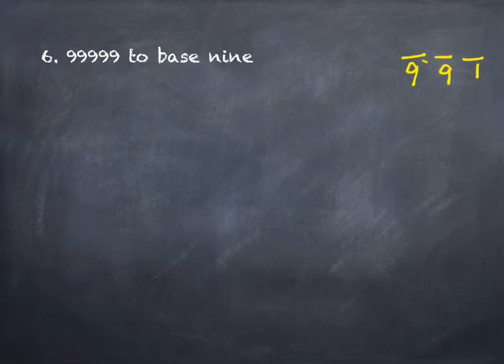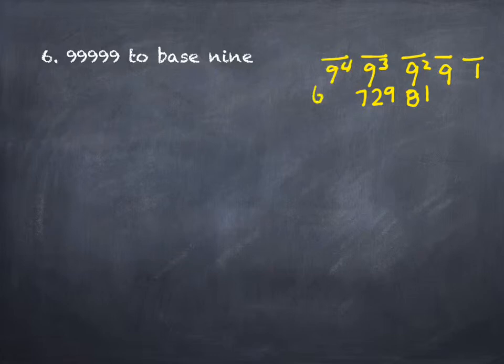The next one's 9 squared. What's 9 squared? 81. How about 9 cubed? 729. Okay. How about 9 to the 4th? 6,561. How about 9 to the 5th? 59,049.